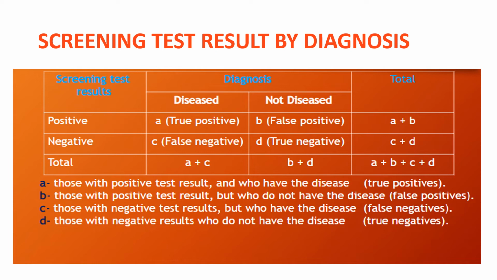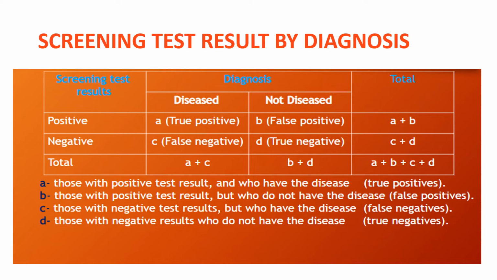On one side the positive and negative screening test results are kept, and on the other side we compare with the diseased and the not diseased in actual. The top first row and first column, that is A, represents those who are diseased and also tested positive in the screening test.